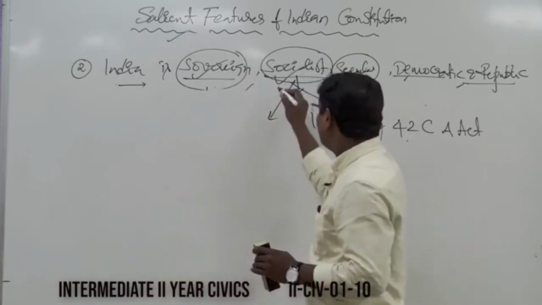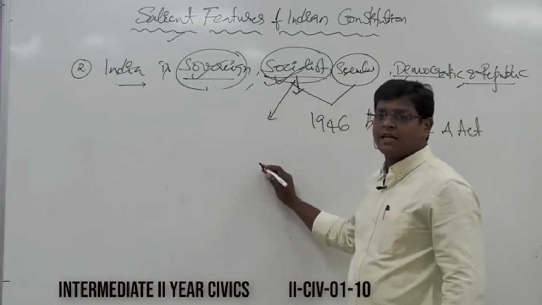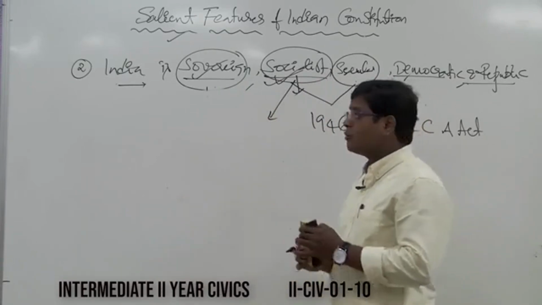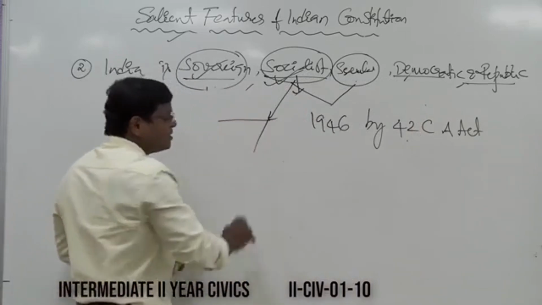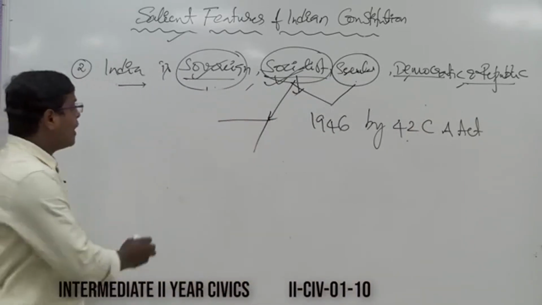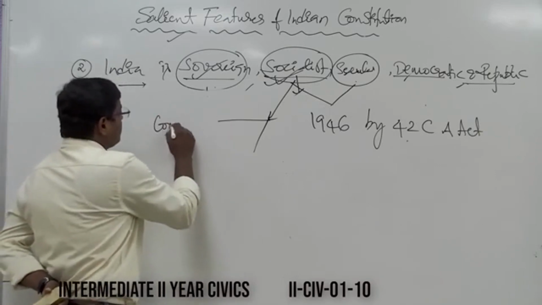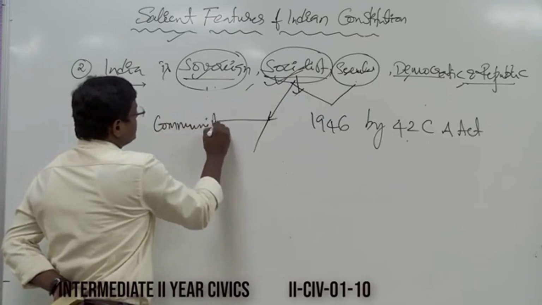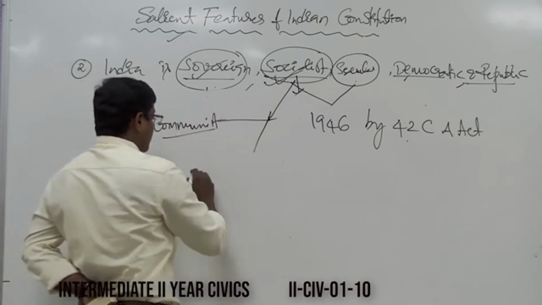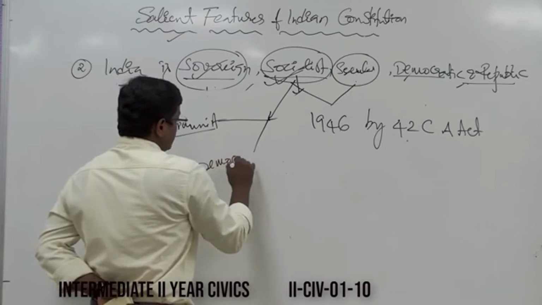So that is called the socialistic nature of the state from the Indian point of view. Before going to that, you have to remember there are two different dimensions of socialist countries. One is the communist basis of socialism. Another one is the democratic basis.